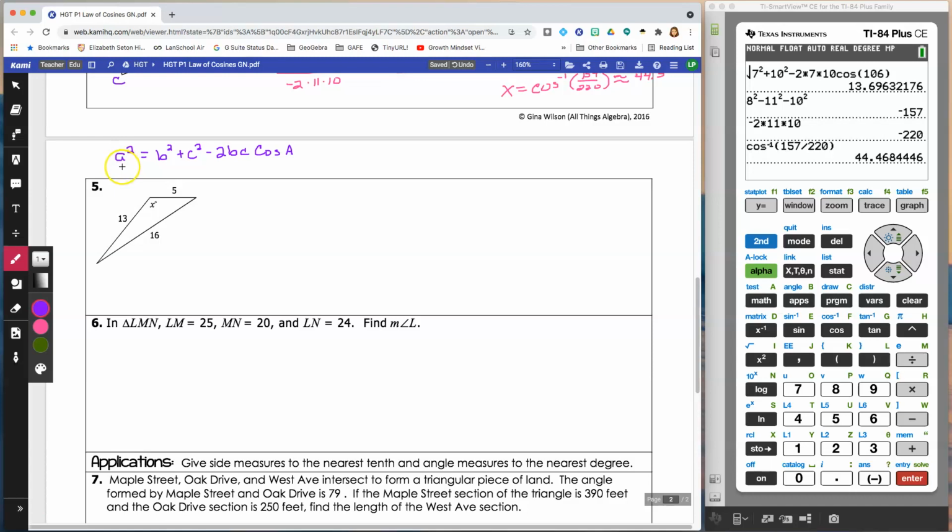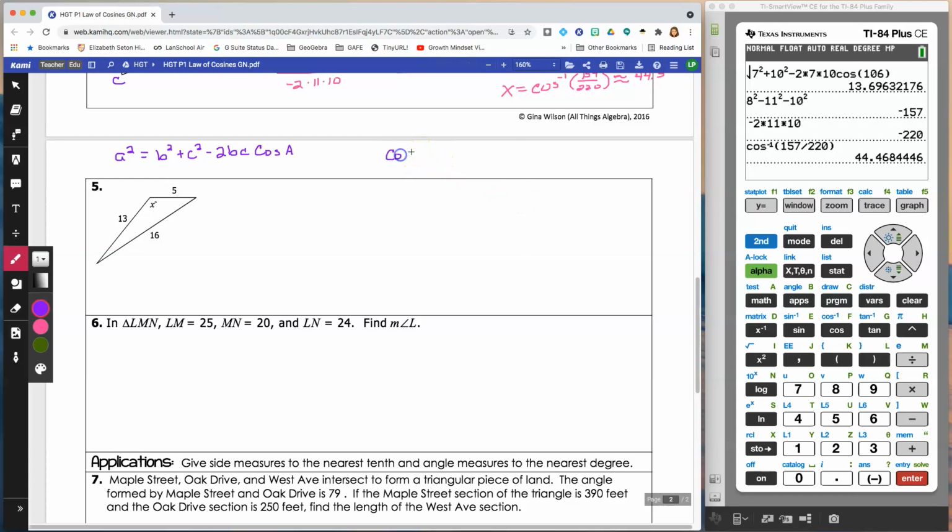Okay, now if you watched my last video where we did an example with finding the side length, so again, an example like this where we were given 3 sides and we needed to find an angle measure, we did rewrite this equation slightly. So I wanted you to see what that looked like.